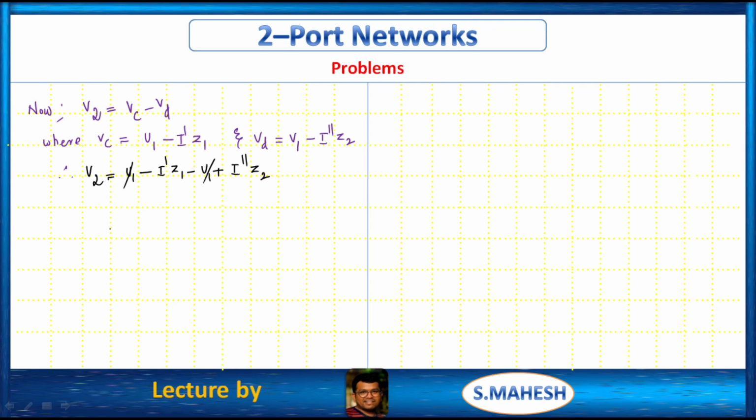So V1 gets cancelled, therefore V2 equals I1 double dash Z2 minus I1 dash Z1.